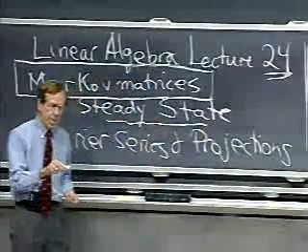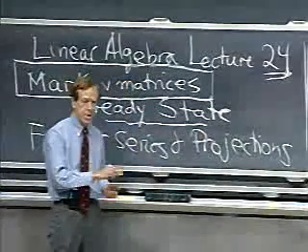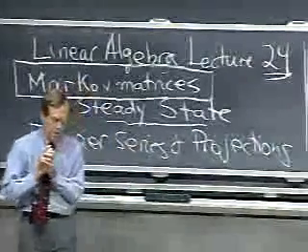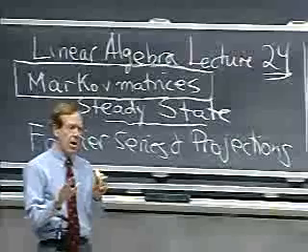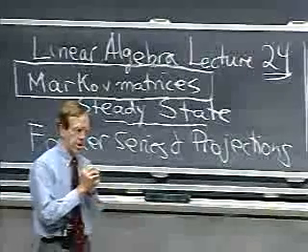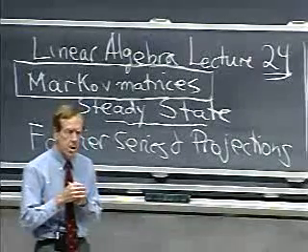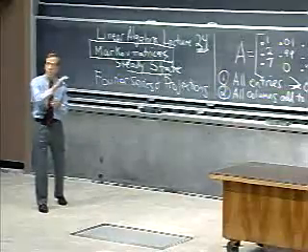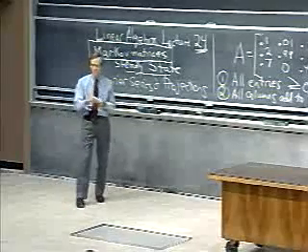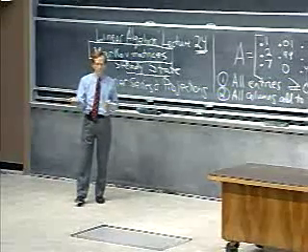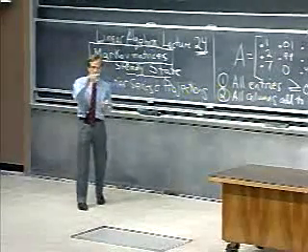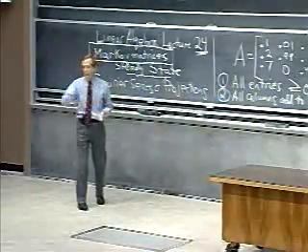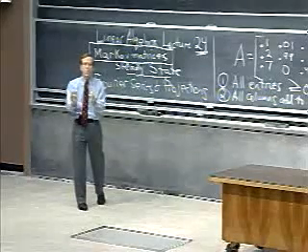You remember we had steady state for differential equations last time? What was the eigenvalue in the differential equation case that led to a steady state? It was lambda equals 0. We did an example where one of the eigenvalues was lambda equals 0, and so we had e to the 0t, a constant, 1. As time went on, that thing stayed steady.